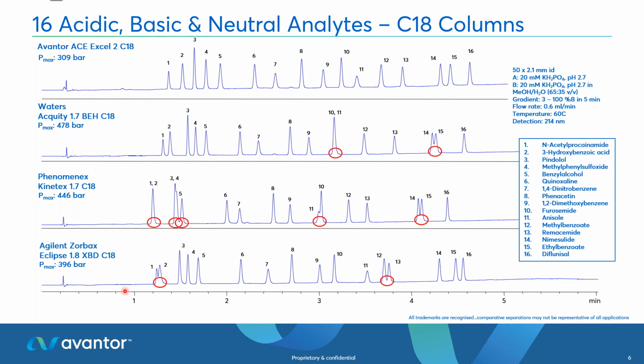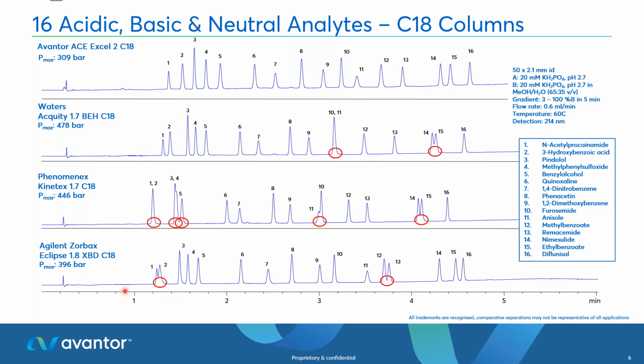They're all listed as C18, but when we manufacture these columns, there's different end capping, different pore sizes, different pore shape, different carbon load, different surface area, and all of that will have an impact on the selectivity, and therefore the retention is slightly different, the selectivity is slightly different, even when you have the same bonded phase.